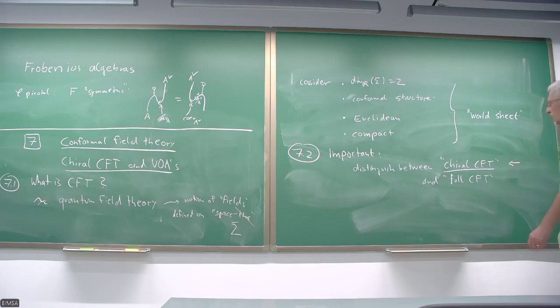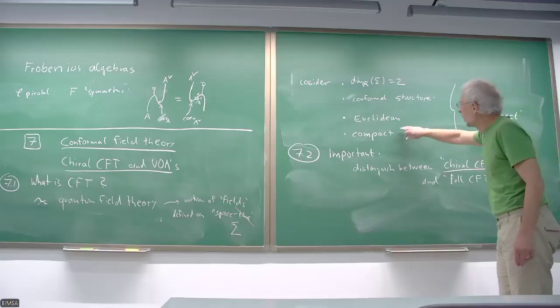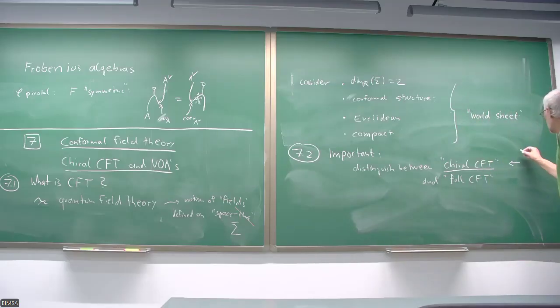In this case, we are using the following information. We also assume that sigma is oriented, and not only that, but we choose an orientation and then a conformal structure together with an orientation. It gives one a complex structure.